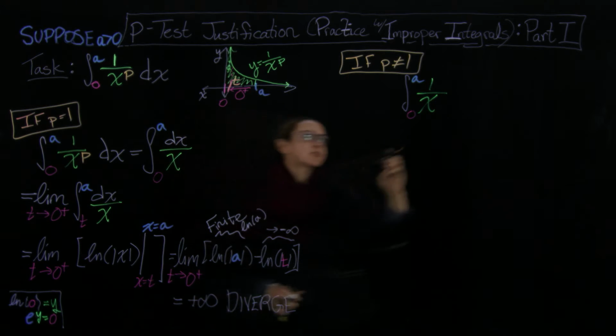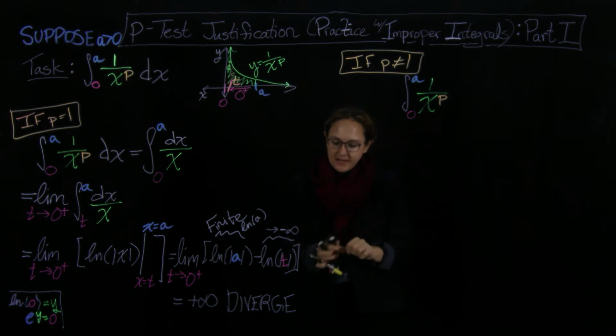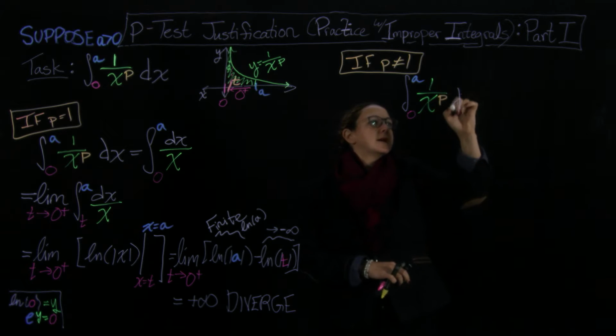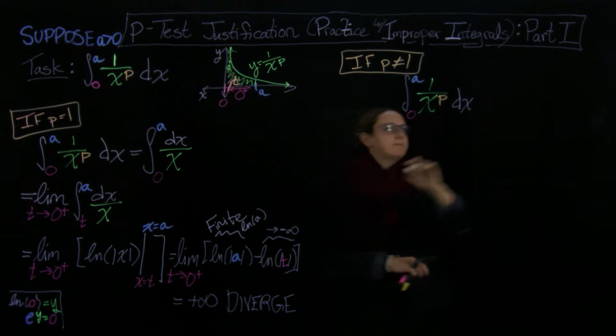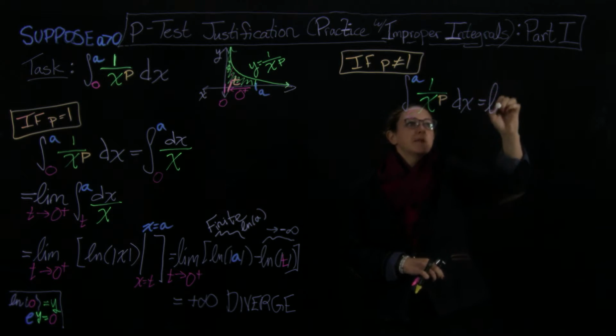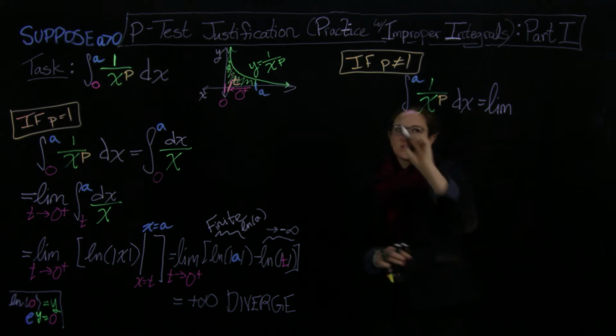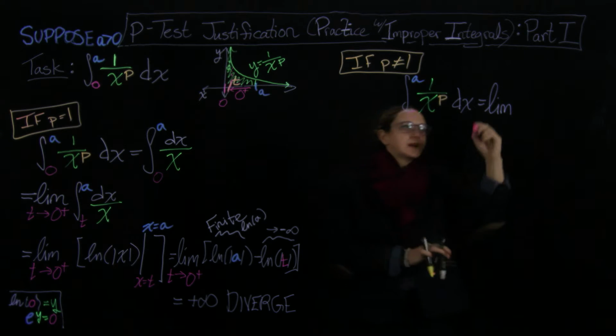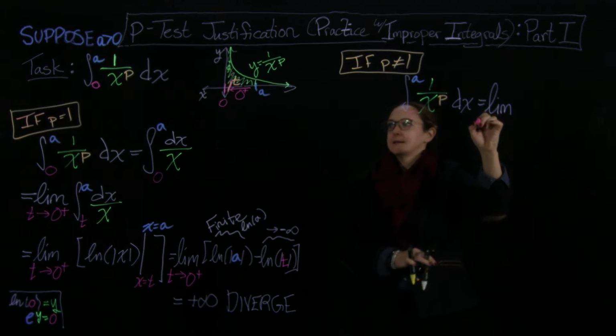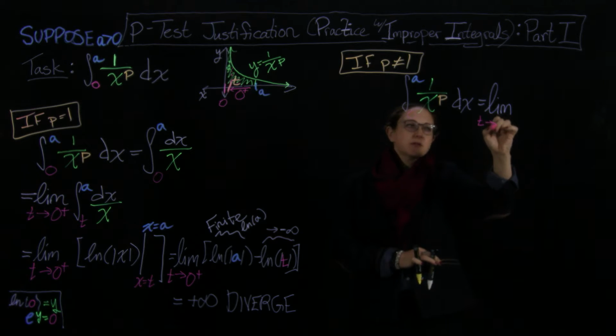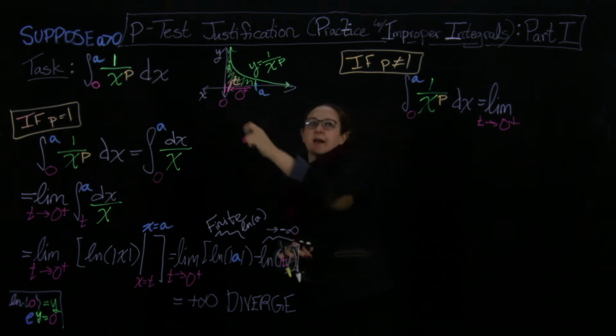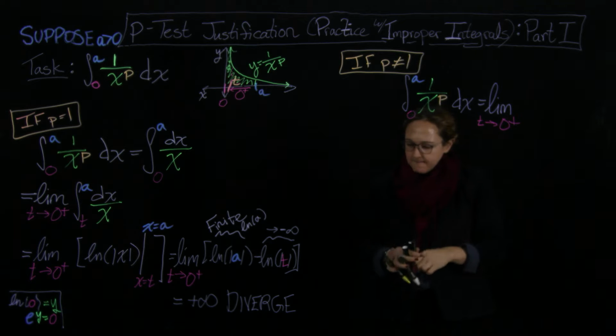But now the p doesn't just drop out, so it actually is playing a role here. And this is going to equal, and again, we do the same thing, because this function is not actually defined at 0, I need to look at this as a limit as t approaches 0, and we want to come from this side to a.